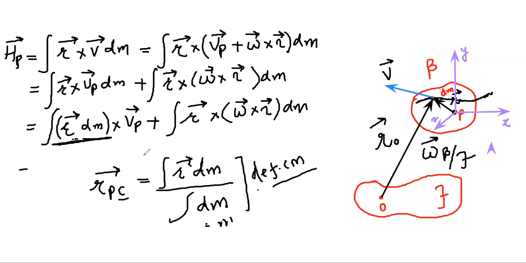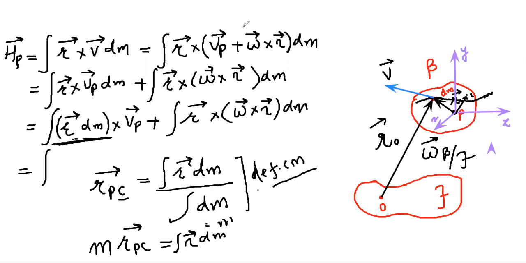So the integral of dm represents the total mass of this body, m, and rpc represents the vector drawn from point P to the center of mass. Let's suppose the center of mass is somewhere here, so this represents the rpc vector. Then m times rpc is equal to the integral of r dm.